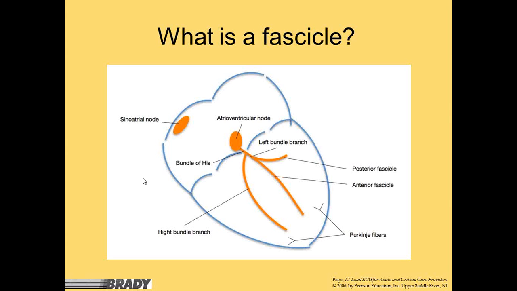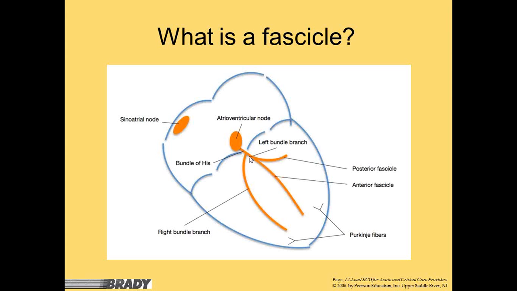And so it's going to branch off into the right bundle branch and the left bundle branch. Okay. Now this left bundle branch is very short and stubby right here, because you can see it very quickly bifurcates or splits into two branches, the posterior fascicle and the anterior fascicle.